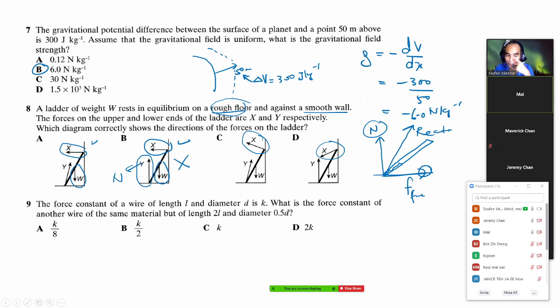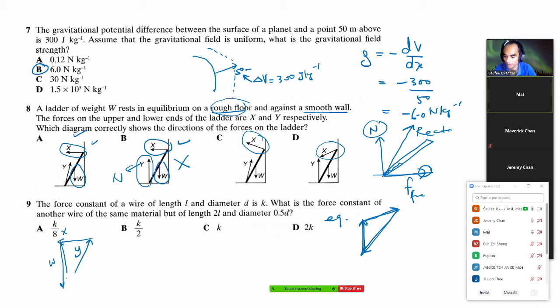One more reason: if you have anything in equilibrium, the triangle of forces must cancel itself. This one points up, this one points diagonally to the right, and this one points down. If you check A, Y is pointing up, X is pointing here, and W is pointing directly downwards.